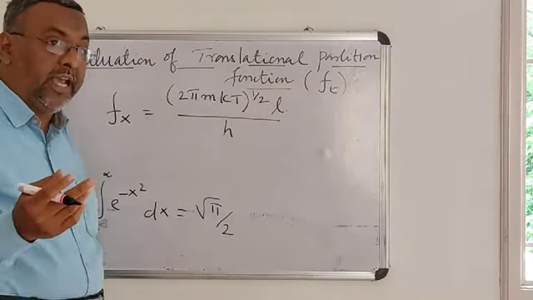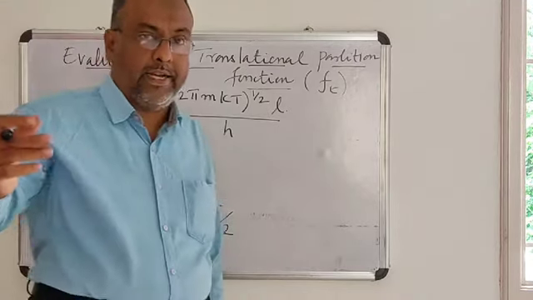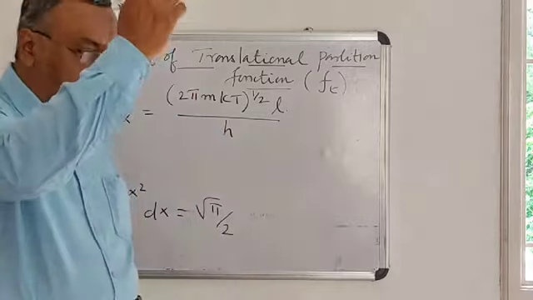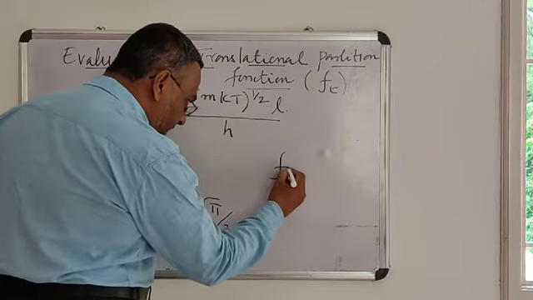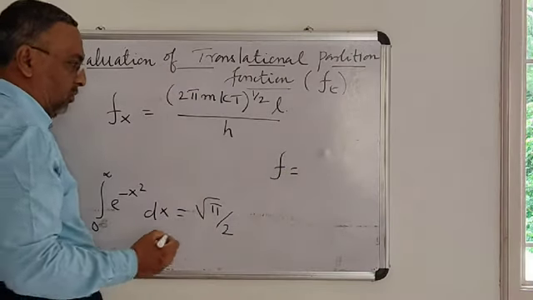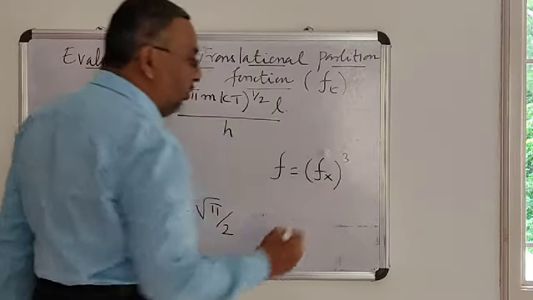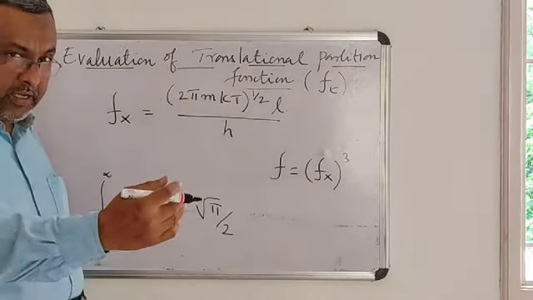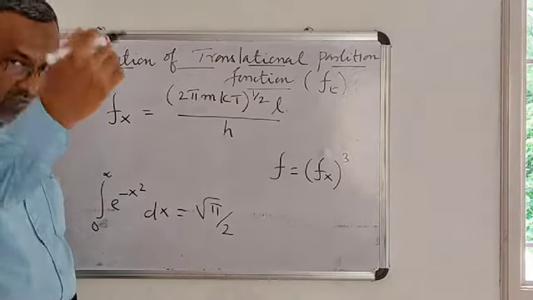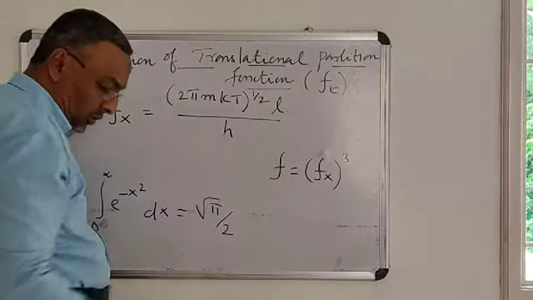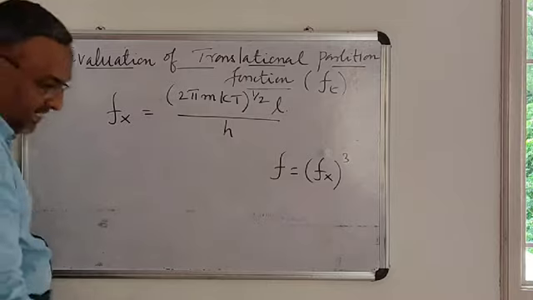But not only in the x direction, it also moves in the y direction and in the z direction. Therefore, the total Cartesian function due to translational motion is f of x cube, because f of x in the x-axis, f of x in the y-axis, f of x in the z-axis. So I have to write three values for three directions.